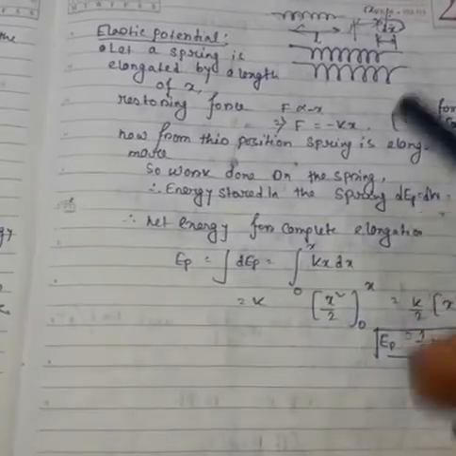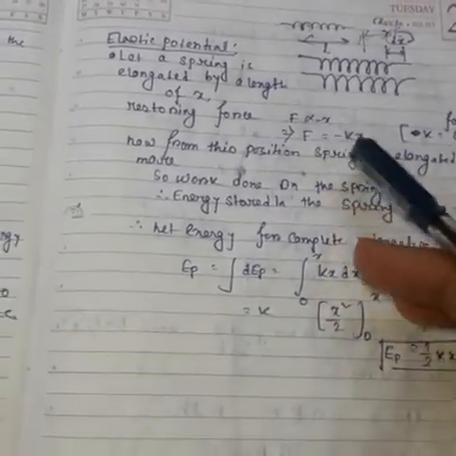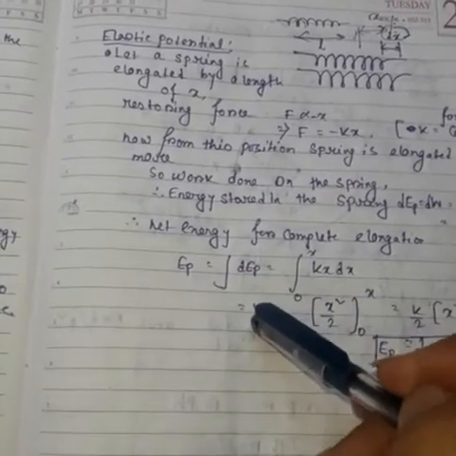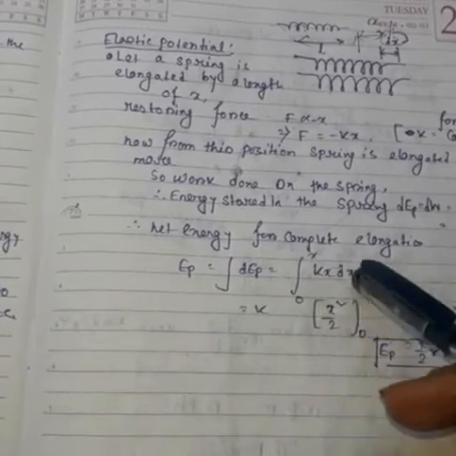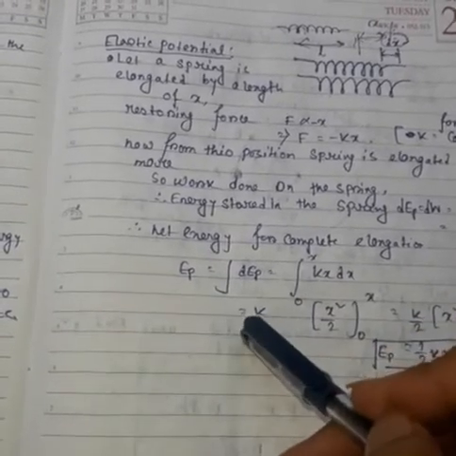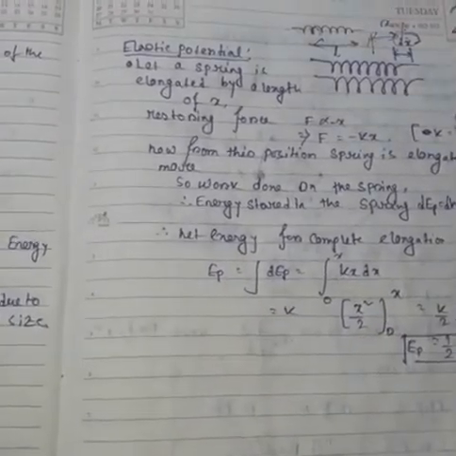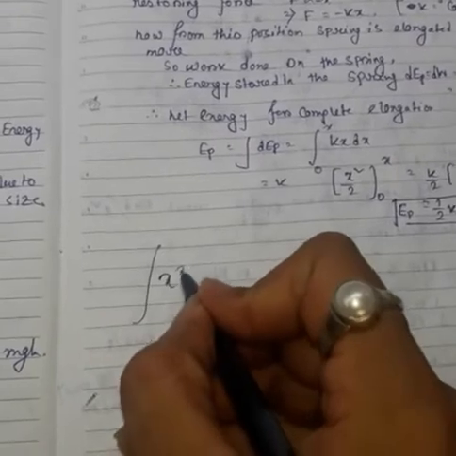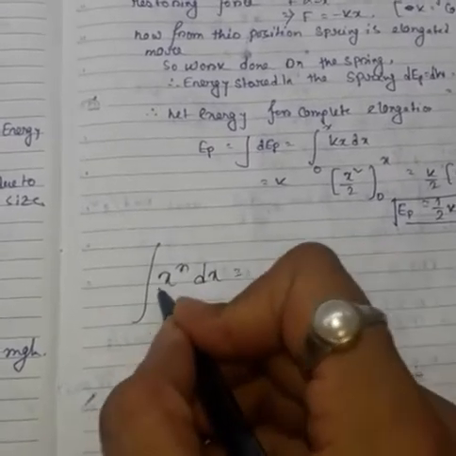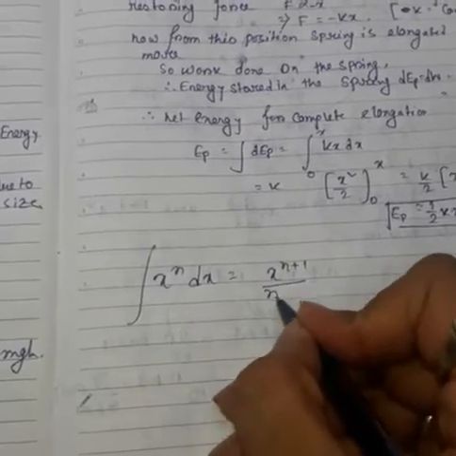Now when we do integration, k is our constant, the proportionality constant, and it will come out of the integration. So it will be k times the integration from 0 to x of x dx. Now the main formula for integration that we are going to use here is the integration of x to the power n dx, which gives you x to the power n plus 1 divided by n plus 1.